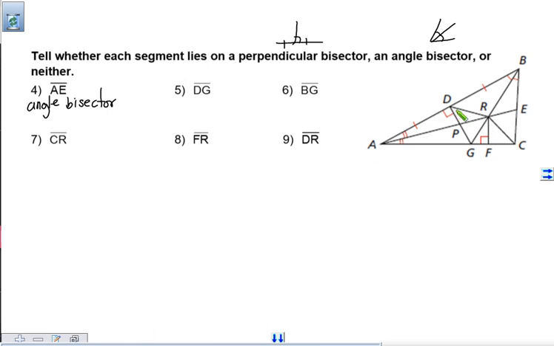Then we're looking at segment DG. Segment DG does have a right angle on it, so we need to look and see if the side that has the right angle is getting cut in half, and it is. So we have a perpendicular bisector.